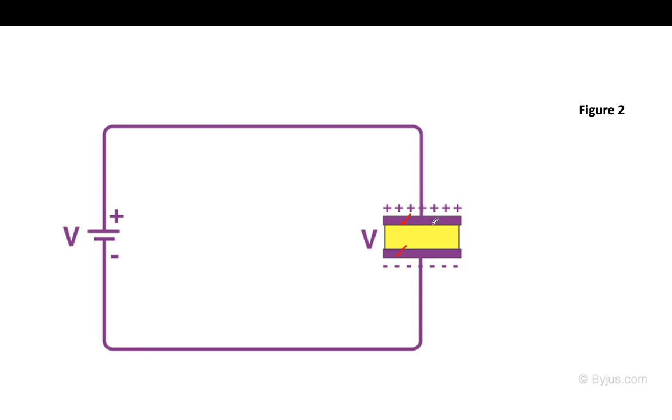So when the current is flowing to the positive plate and the negative plate, the capacitor will start charging, and after some time, it depends upon the value of the capacitor or its capacitance.